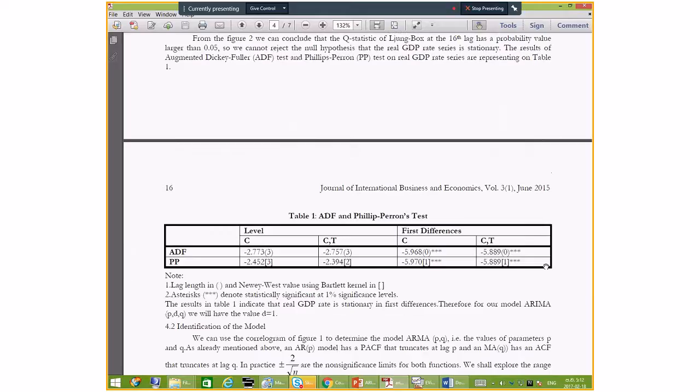Right, these are the test results of the augmented Dickey-Fuller test and the Phillips-Perron test. They show that the logarithm of the real GDP is stationary.